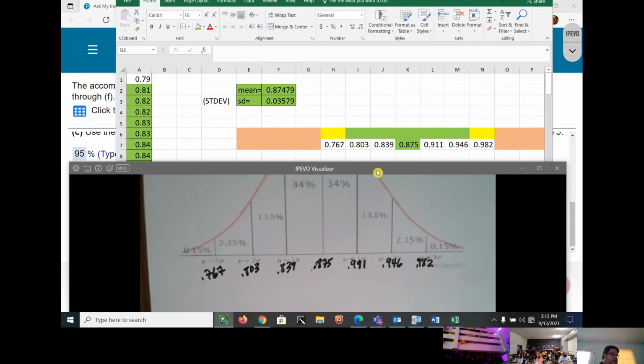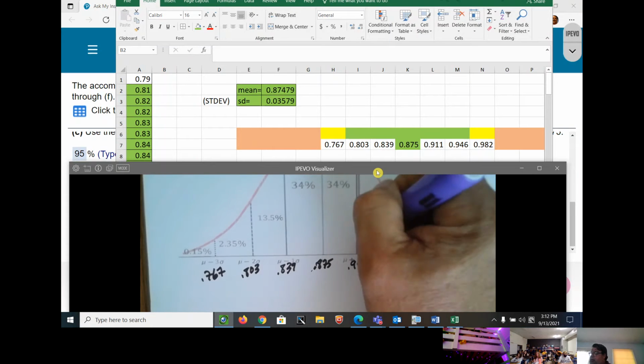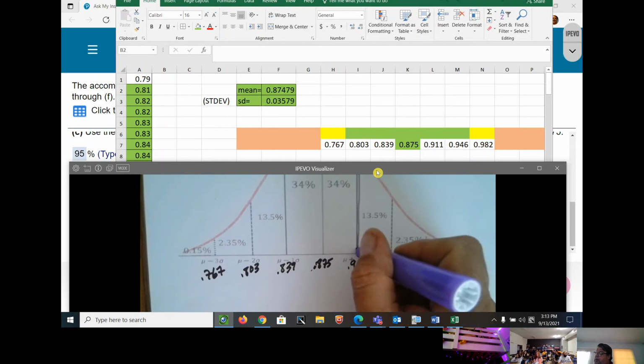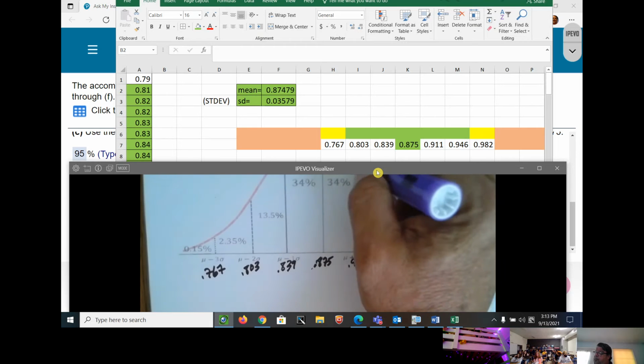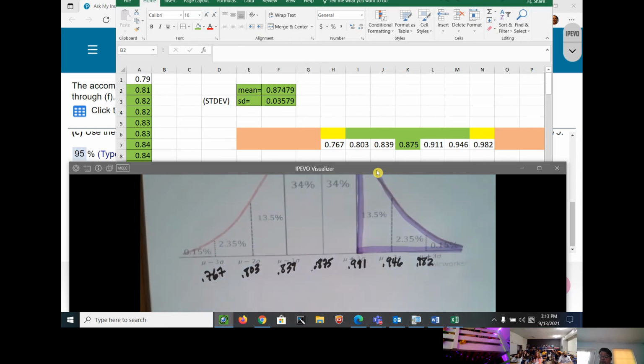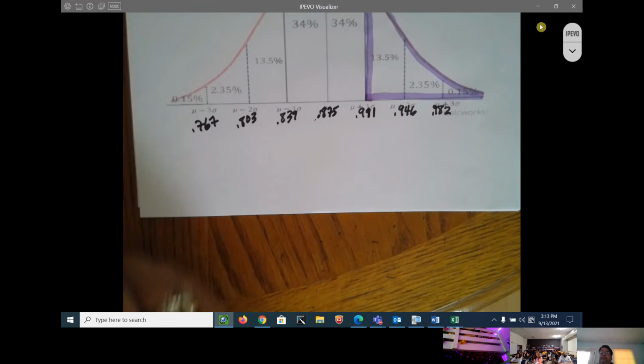Somebody tell me by the empirical rule, and I'm going to use a different color, what's the percentage above 0.911?